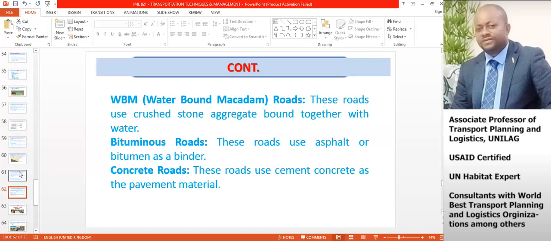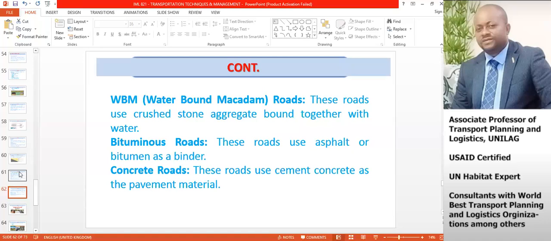When you use asphalt or bitumen as the binder, it is bituminous road. When you use concrete as the pavement material, it is concrete road. So Oshodi Apapa should be concrete, and bituminous, I think we still have bituminous.